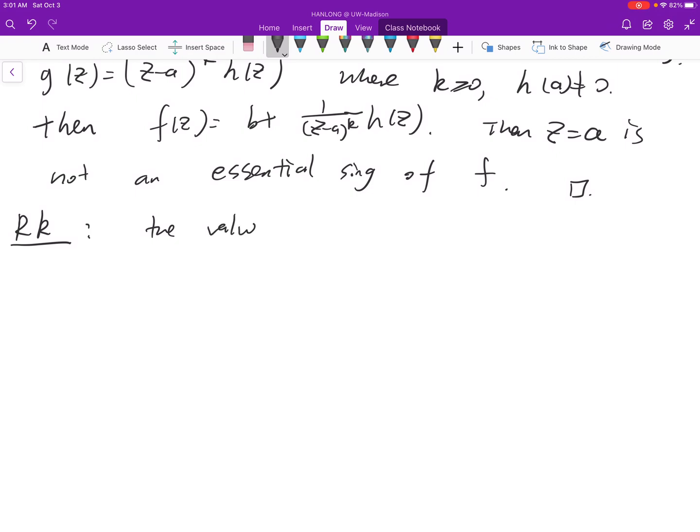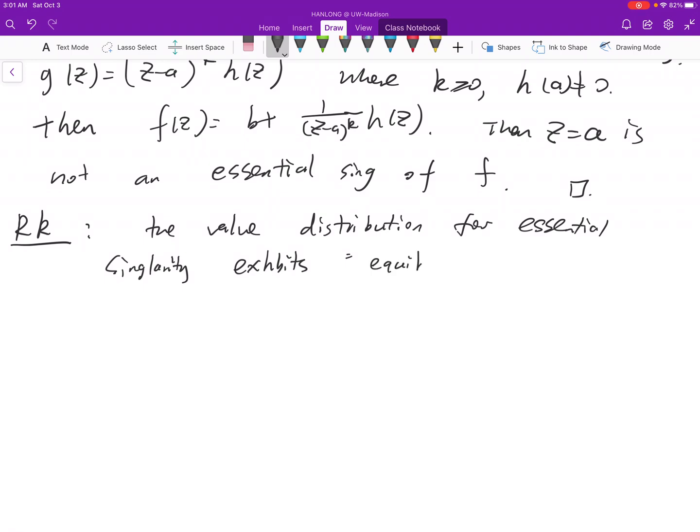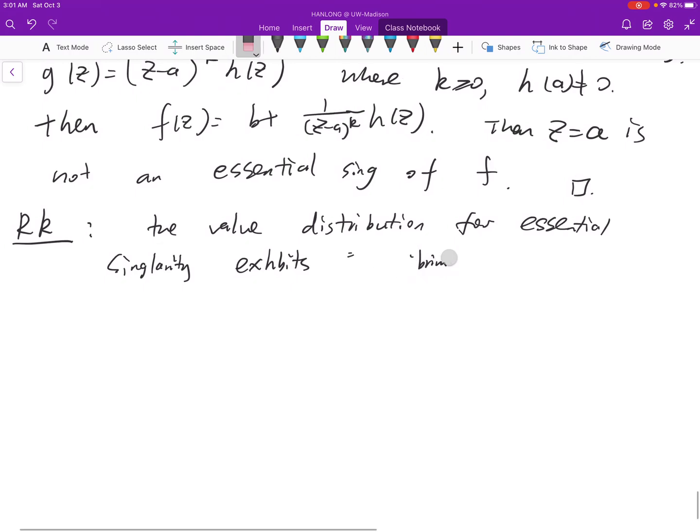Okay, as I mentioned before, I make a remark here. The value distribution for an essential singularity exhibits a kind of equilibrium phenomenon. Okay, I will stop here.